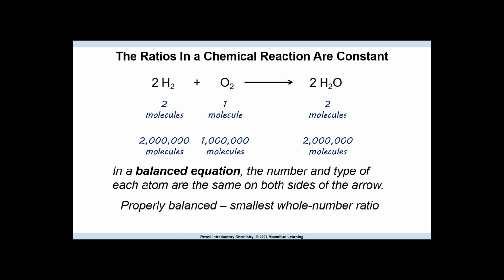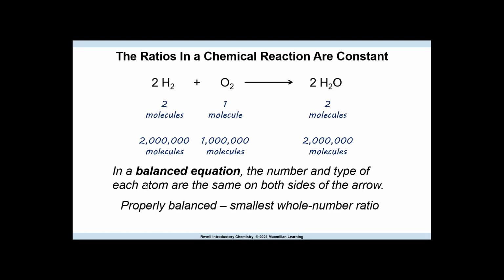Based on the ratio in this equation, 2 million molecules of water would form. If we have correctly described the ratios of reactants and products in a chemical reaction, the equation is balanced. In a balanced equation, the number and type of each atom are the same in the reactants and in the products. A properly balanced equation shows the smallest whole number ratio of reactants to products.